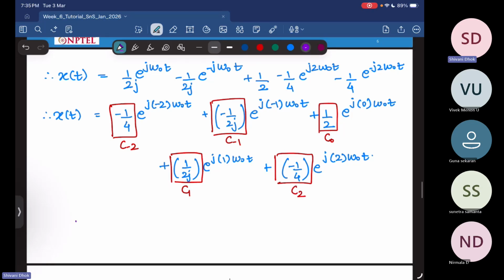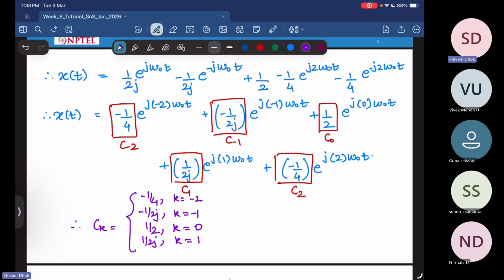So therefore, your ck's are minus 1 by 4 if k is equal to minus 2. It is minus 1 by 2j if k is minus 1. It is 1 by 2 if k is equal to 0. It is 1 by 2j if k is equal to 1, and it is minus 1 by 4 if k is equal to 2, and it is 0 otherwise.